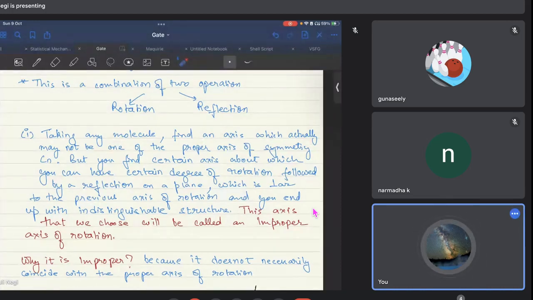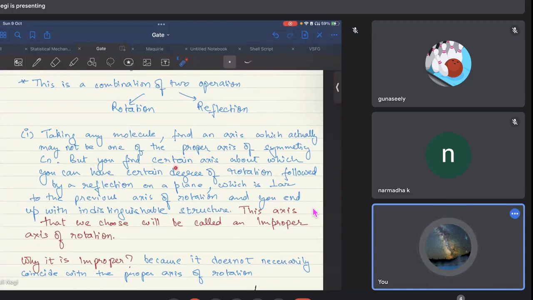Mind this point, because the axis that you do the rotation about is not necessarily the proper axis of rotation, or principal axis of rotation, that you have seen earlier. It is not necessarily that you will get an indistinguishable structure at the first operation. You are just doing one rotation, so it is known as any rotational axis, but not necessarily the proper axis of rotation.